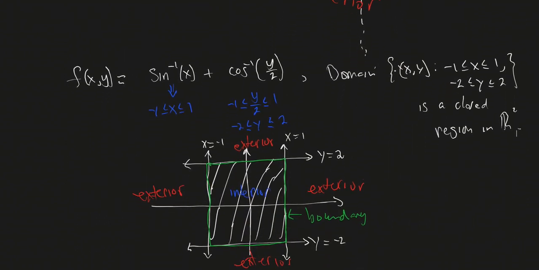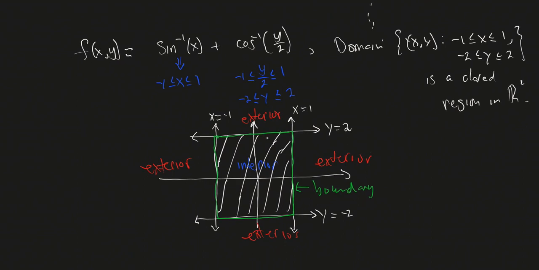Whereas this region right here has a bound on how big your x can be and how big y can be and how small y can be. And similarly, a bound on how small your x can be. This type of region is described as a bounded region, right?